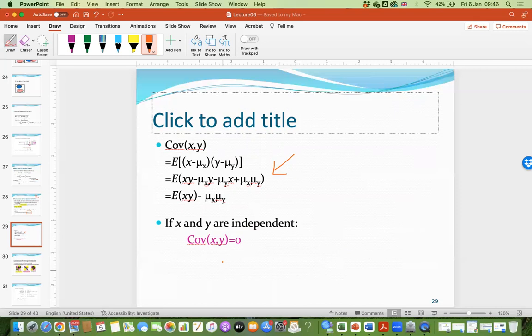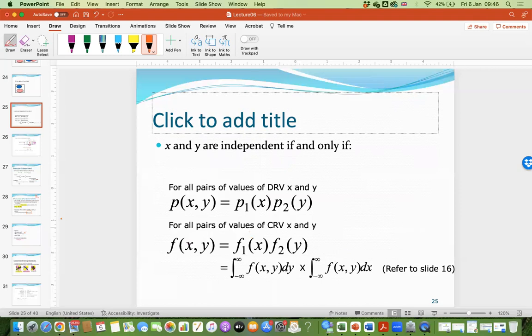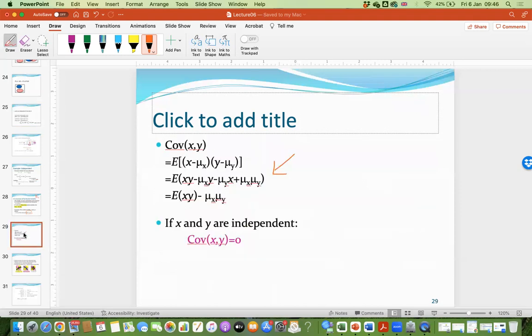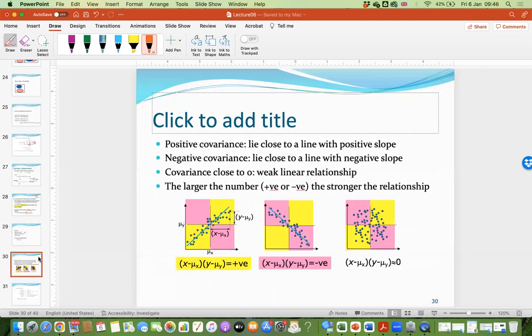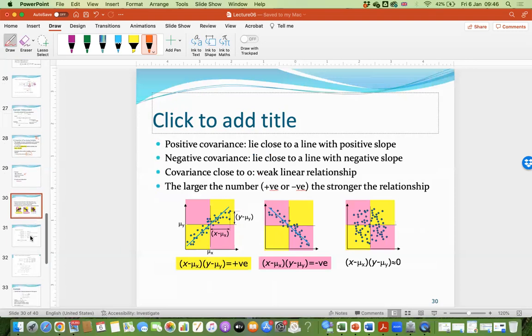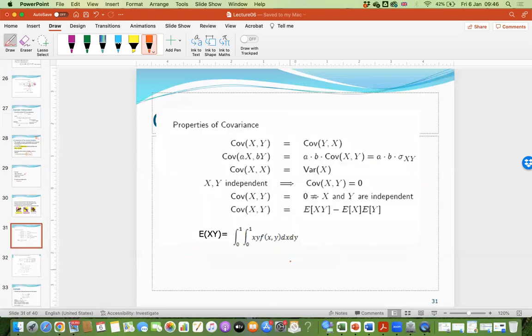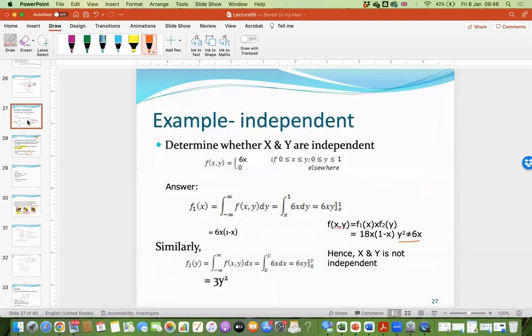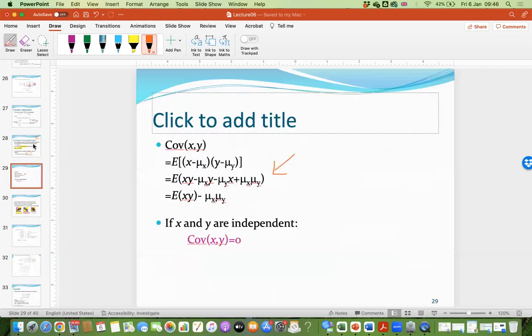You can't just check only with covariance. But if your covariance is equal to 0, and you also check with this, then that is confirmed they are independent. Is that okay for you? All right. Did I skip something here?